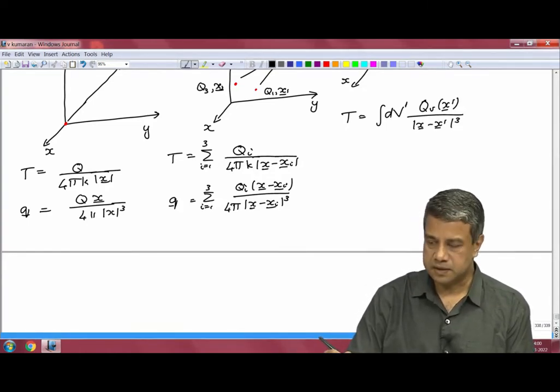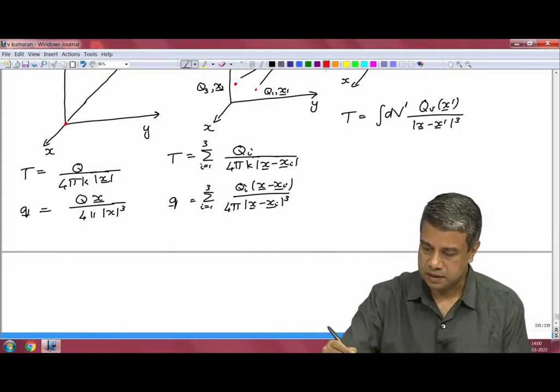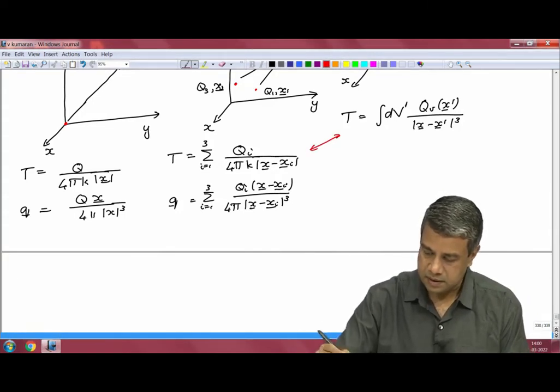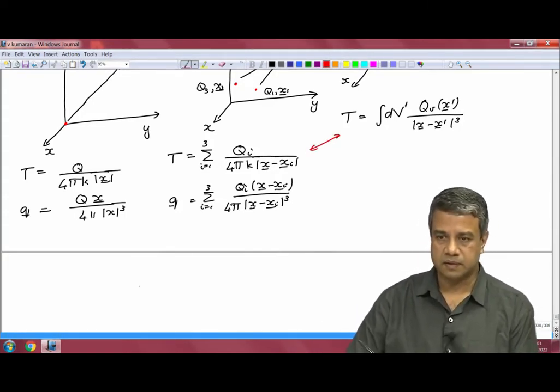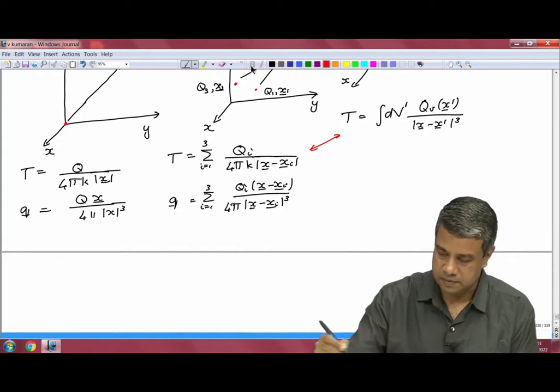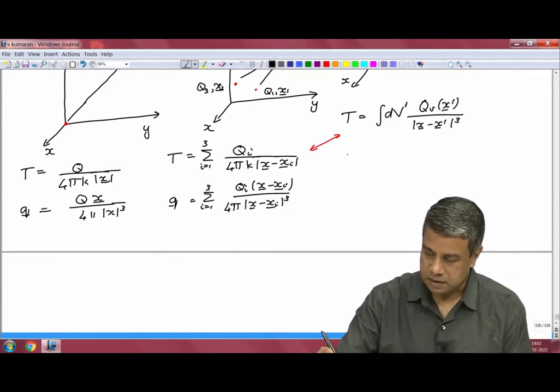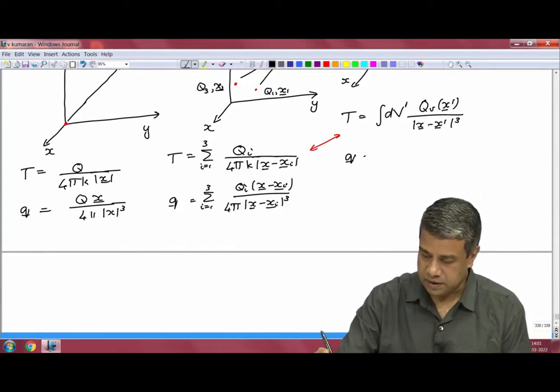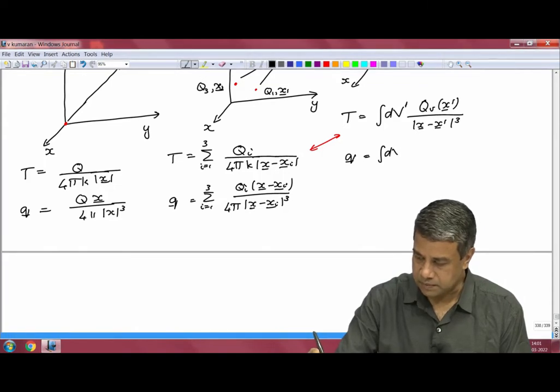That is the temperature field, which is just an analog of this one, going from the discrete variable to a continuous variable, continuous heating, and q vector is equal to integral dv prime.